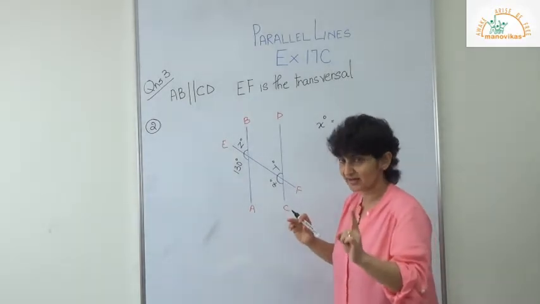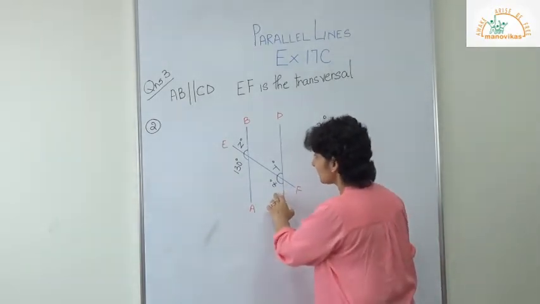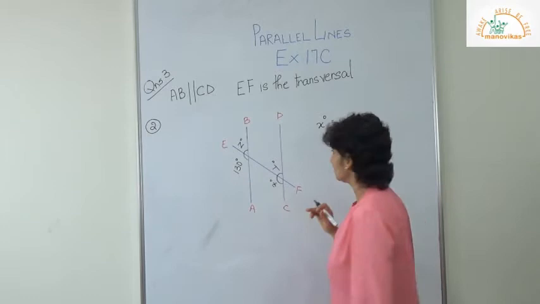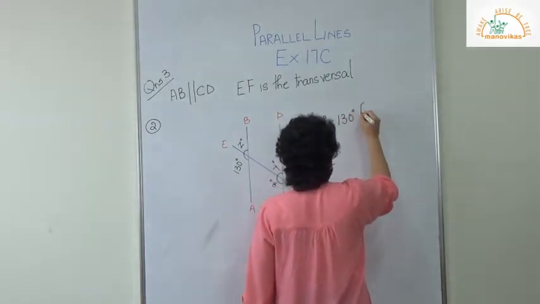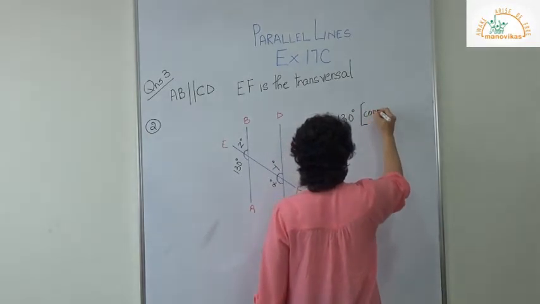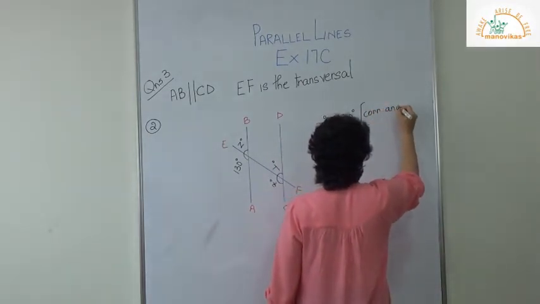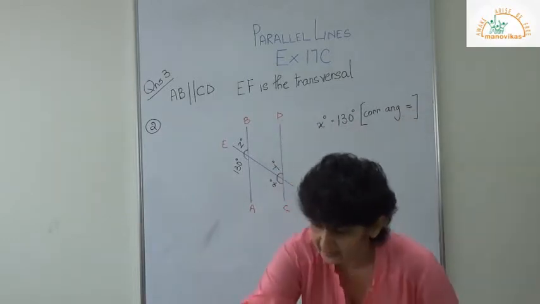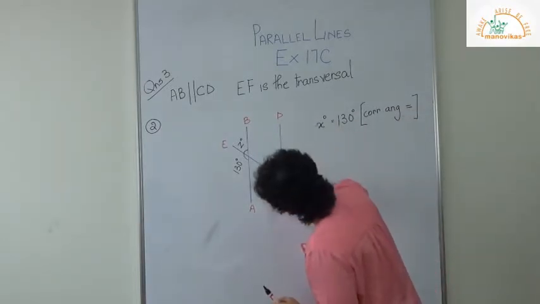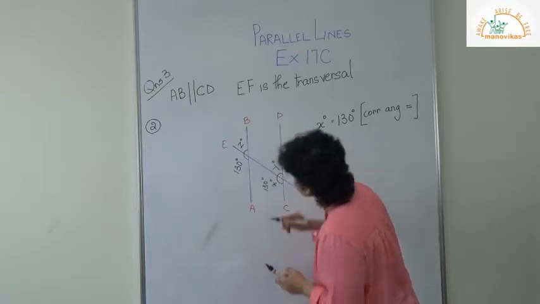In corresponding angles. So you know X is equal to 130, isn't it? X is equal to 130. Corresponding angles are equal. Correct? So I have got this as 130 degrees.